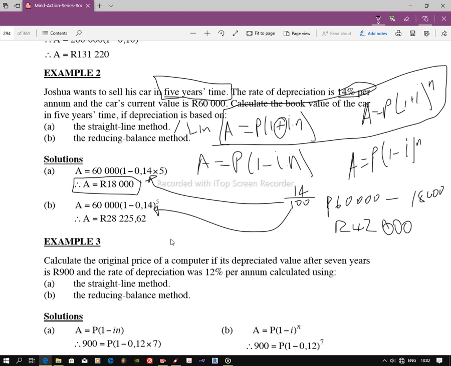Imagine you bought a car today costing 60,000. In 5 years' time, you sell it. Let's see the depreciation for this amount: 60,000 minus 28,000. So this, guys, shows that as an individual, you must never invest in cars.